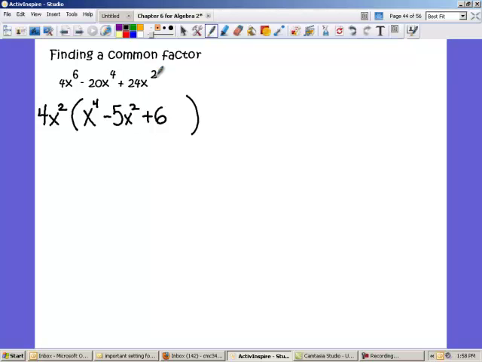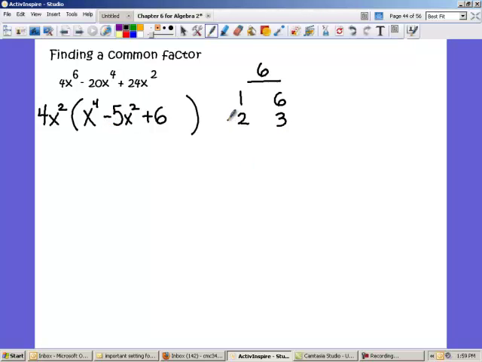Okay, now that we have that done, you need to make sure that this is all the way factored out. And the way to check that is to go through and find factors of 6 to see if it adds up to 5. So I'm going to do that. And as you can tell, 2 and 3 add up to 5, but we need negative 5.